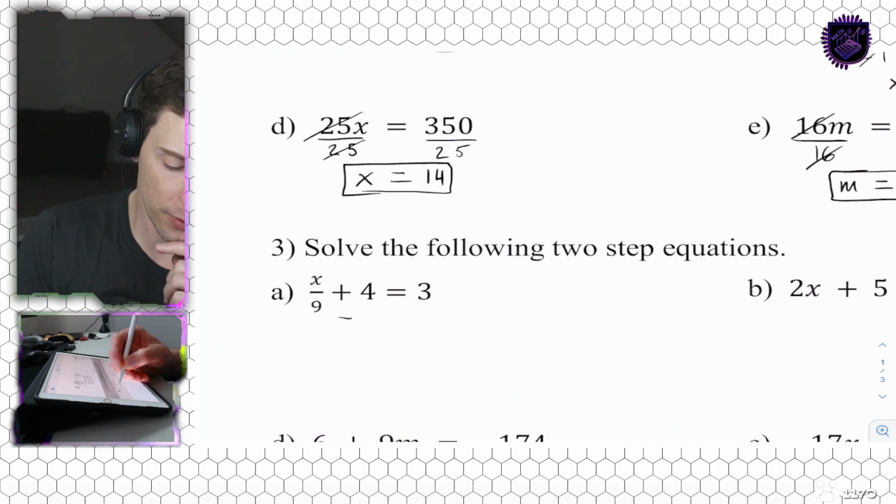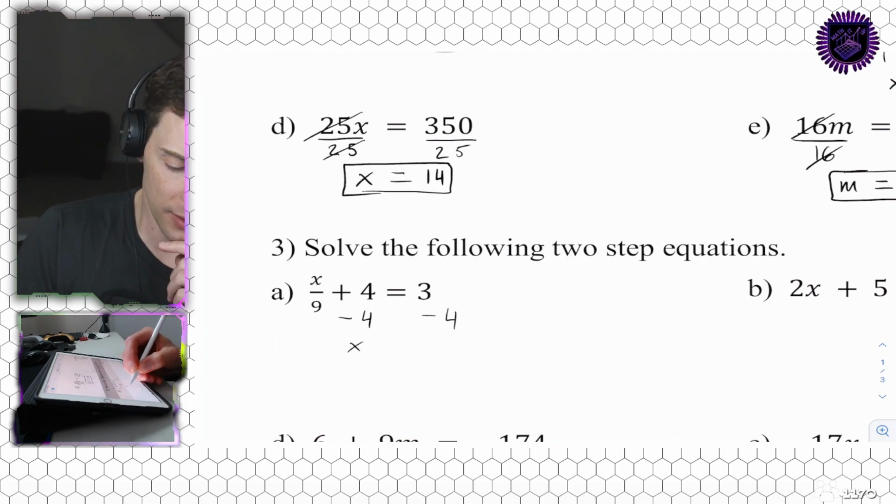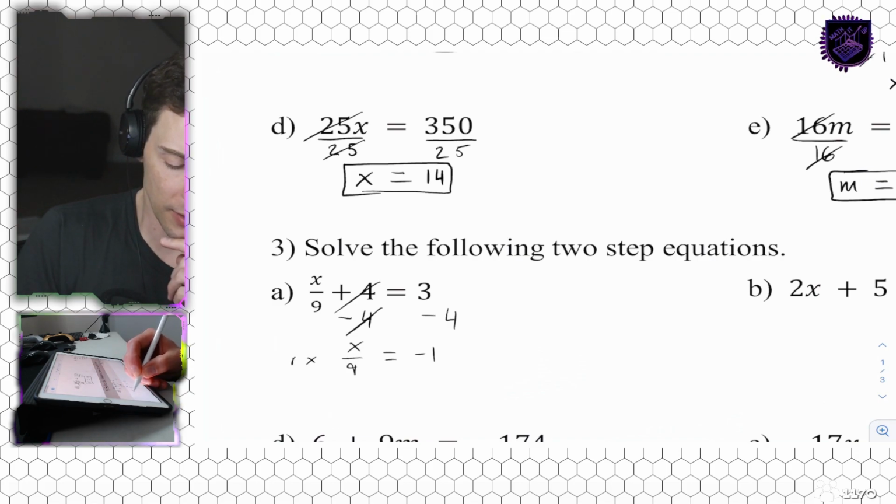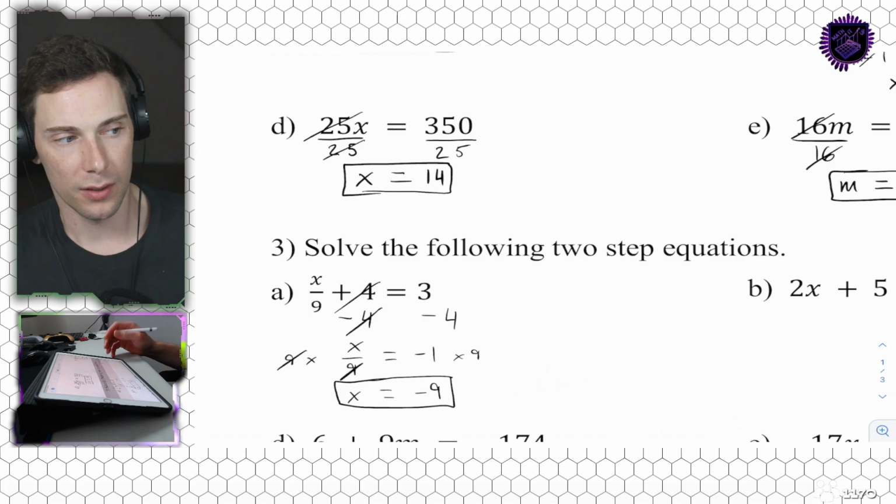So we want to subtract 4 from both sides. That's going to leave us with x over 9 is equal to negative 1. Then I want to multiply by 9 on both sides, and canceling that out, x is equal to negative 9. That is our answer. Simple as that.